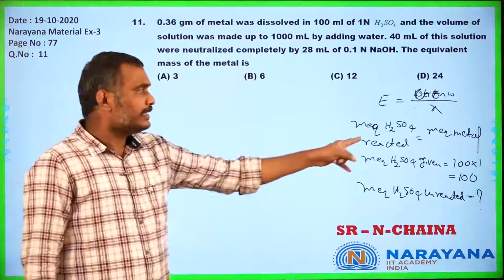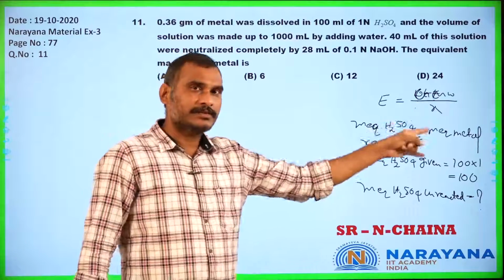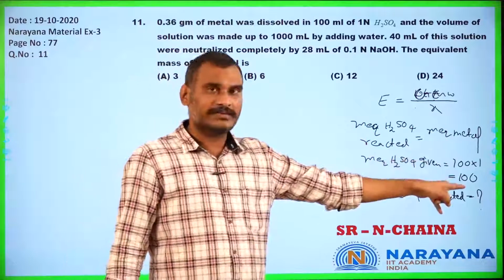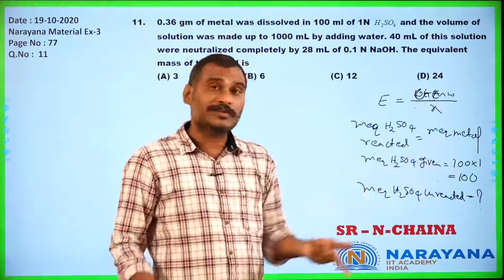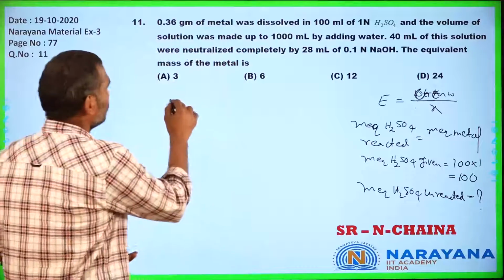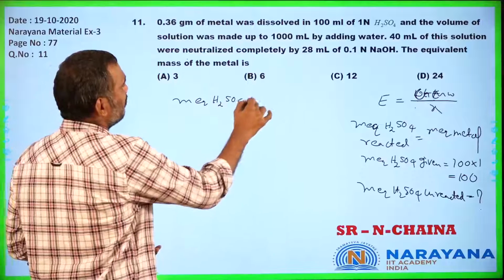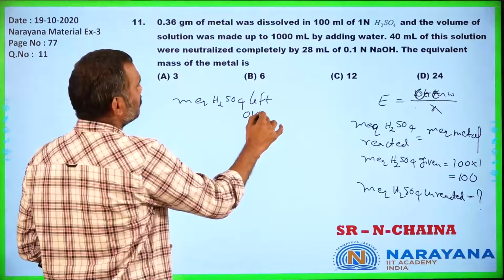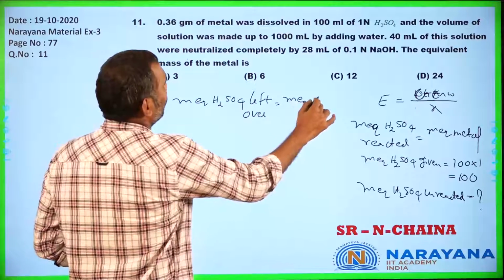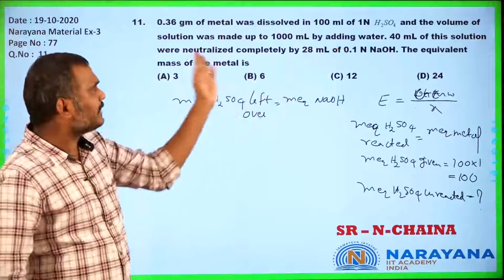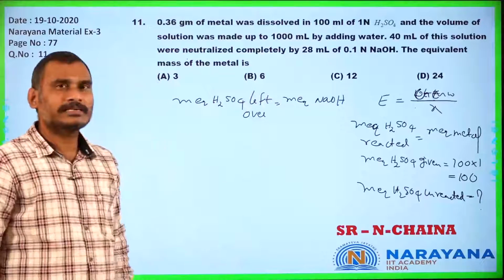Yes, milli equivalence of H2SO4 reacted is equal to milli equivalence of metal, but I want to know milli equivalence of H2SO4 unreacted. Milli equivalence of H2SO4 unreacted is equal to milli equivalence of H2SO4 leftover, which is equal to milli equivalence of sodium hydroxide. Yes, the leftover acid I am treating with sodium hydroxide.